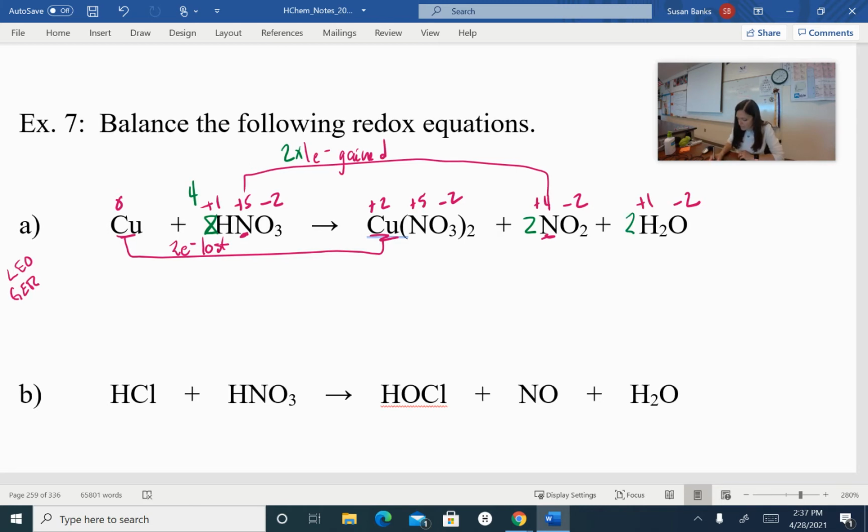So I need to multiply my waters by 2. So if I do all of this, my oxygen should balance. So 4 times 3 gives me 12 oxygens over here. I've got 6 oxygens here. I've got 4 oxygens here plus 2 more. That gives me 12 oxygens here.